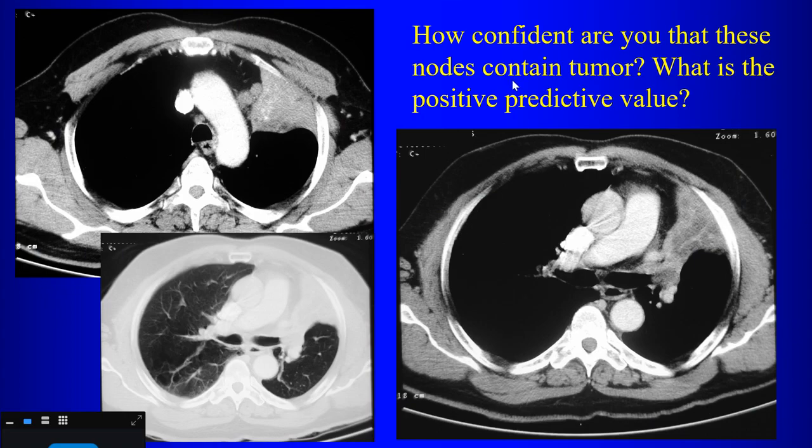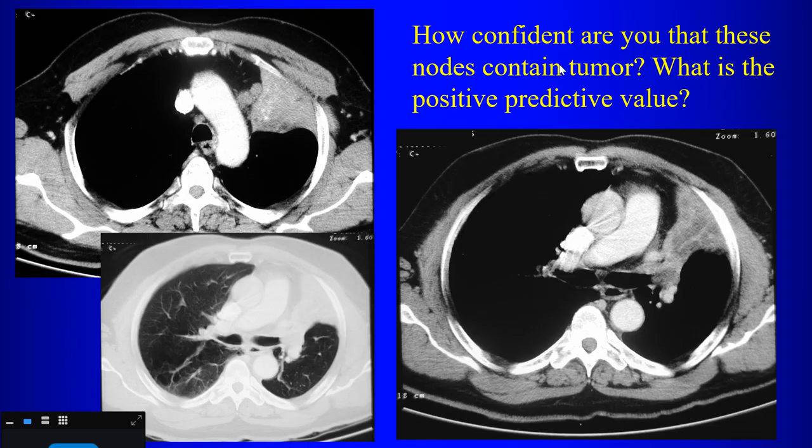So here are lymph nodes in the mediastinum. How confident are you that these lymph nodes contain tumor? What is the positive predictive value of CT? Is it 80%, 90%, 100%? How good is CT at predicting whether lymph nodes are involved with tumor? Good or not good? 80. So we have one vote for 80%.